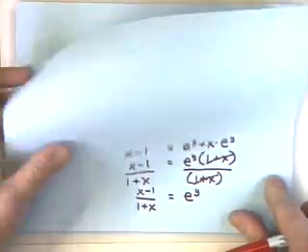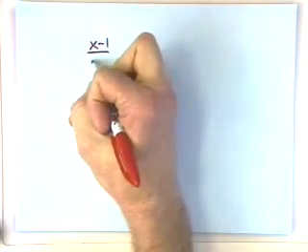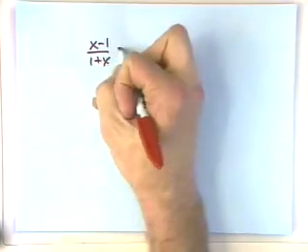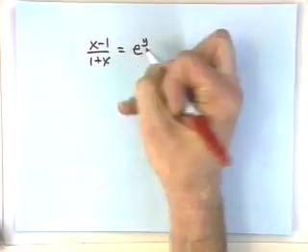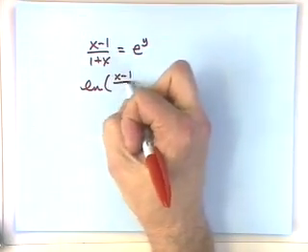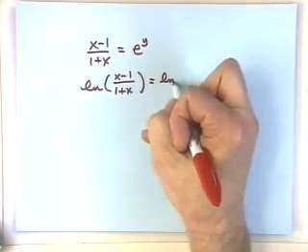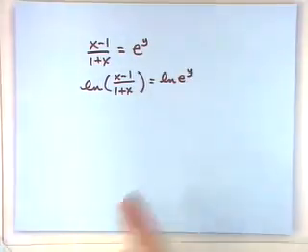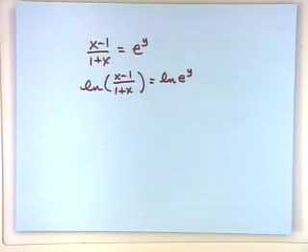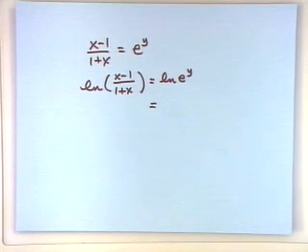So here's what we have. (x minus 1) over (1 plus x) equals e to the y, natural log of both sides. Just to clarify what it is that we're doing, the natural log of e to the y, that's a self-answering question.